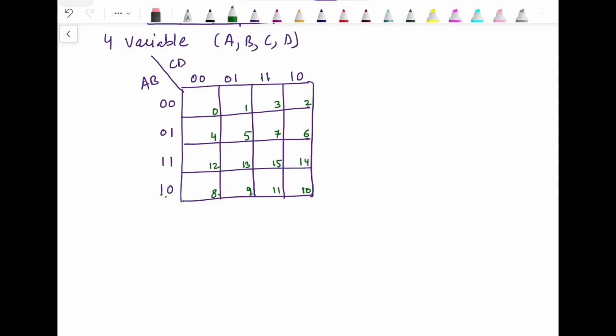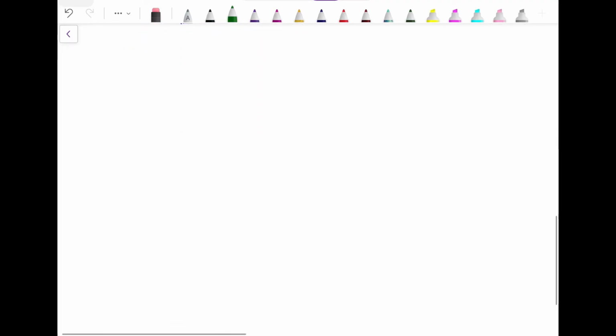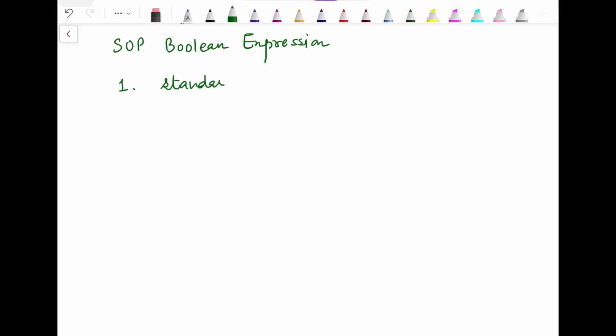Now what to do if we are given the Boolean expression? Let's say the Boolean expression is given in the form of SOP. So what to do after this? First thing is we need to write the standard SOP expression.